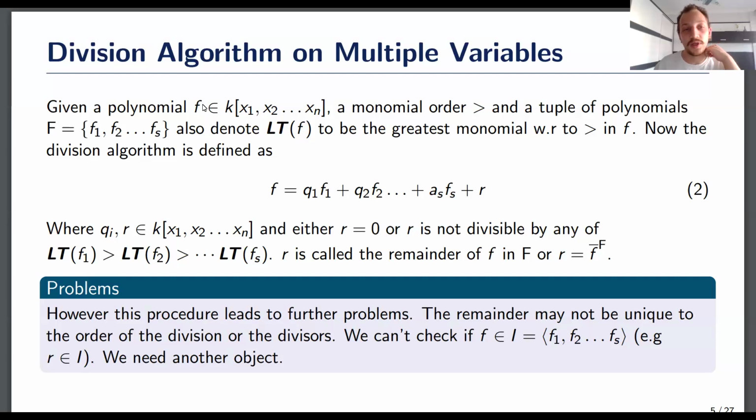If you have a polynomial f, a monomial order, and a polynomial set, also we denote the greatest monomial in a polynomial, the leading term, with respect to the monomial order. Then the division algorithm is defined like this, with the remainder not divisible by any of the leading terms in the division set. R is called the remainder, and it can be denoted like this.